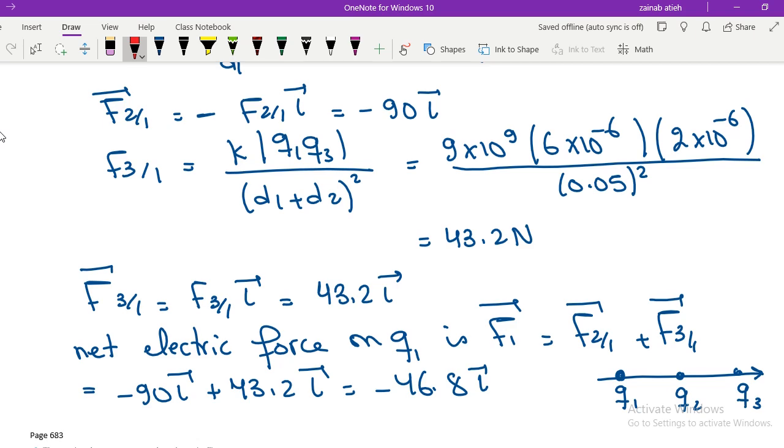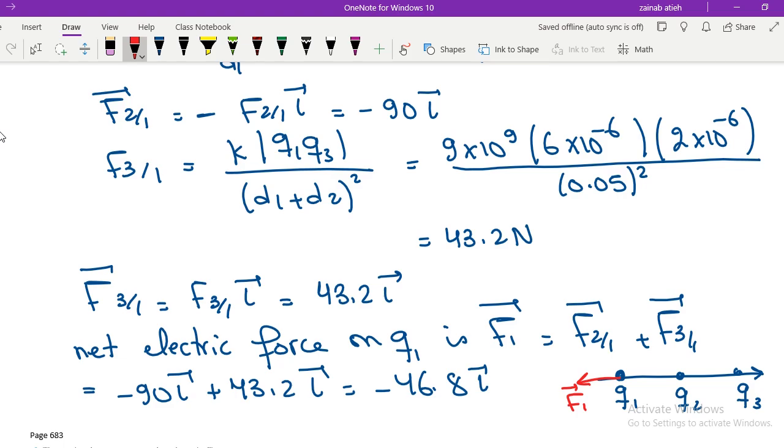It means that it's a force opposite to the x-axis, so it's drawn like this. This is F1, the force exerted on Q1 due to Q2 and Q3. If Q1 were not fixed and free to move, it would move in the same sense as F1. This is the total force acting on Q1.